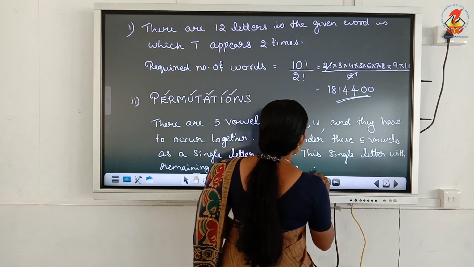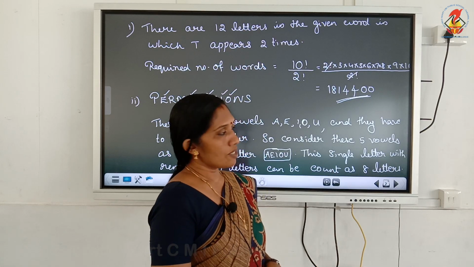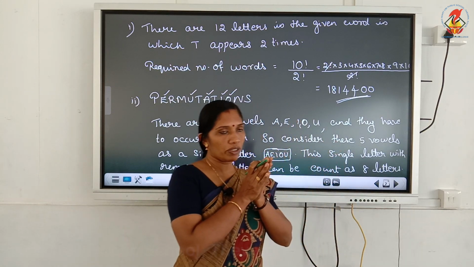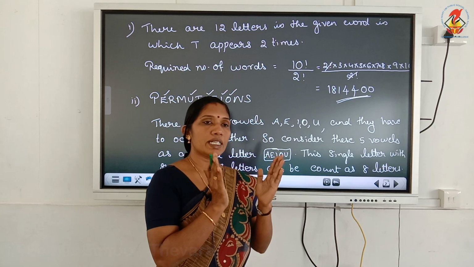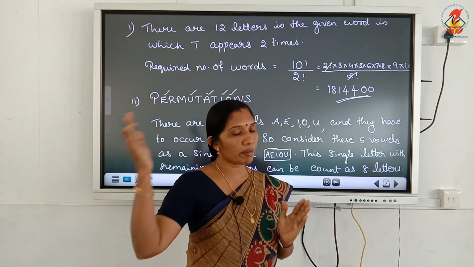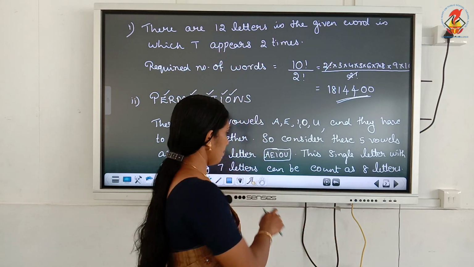Can be counted as 8 letters. Is this clear? The question is vowels occur together. In that way, how many words can we frame? So vowels occur together means this A, E, I, O, U, there are 5 vowels in the given word. That is considered as a single letter. So that single letter with the remaining 7 letters, total is now 8 letters.